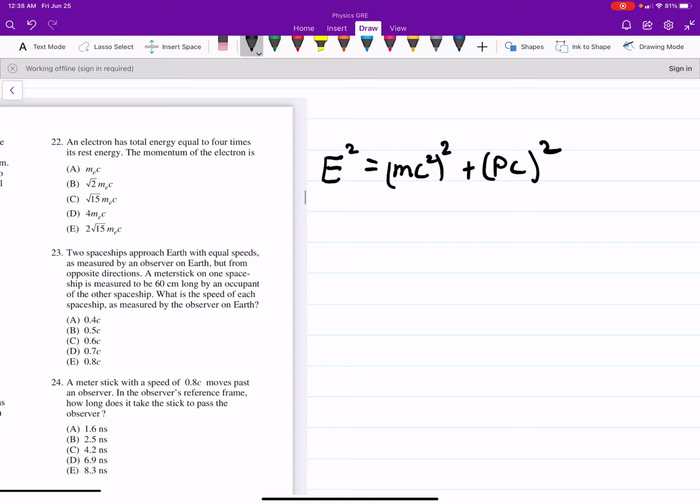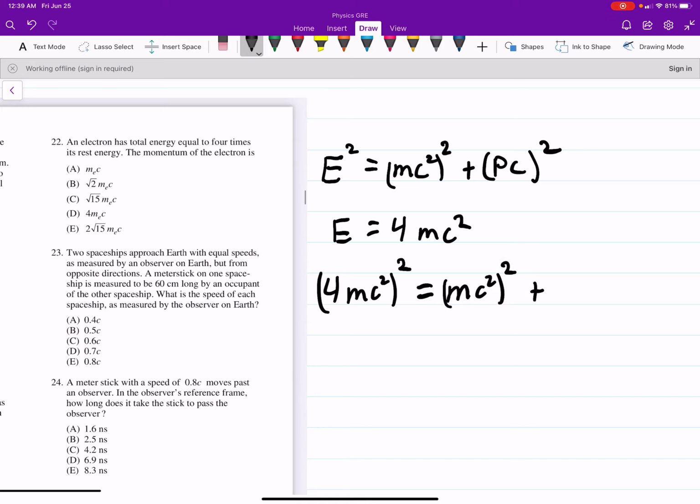And it mentions that E is equal to 4 times the rest energy. The rest energy is mc squared. So then we have (4mc squared) squared equals (mc squared) squared plus (pc) squared.